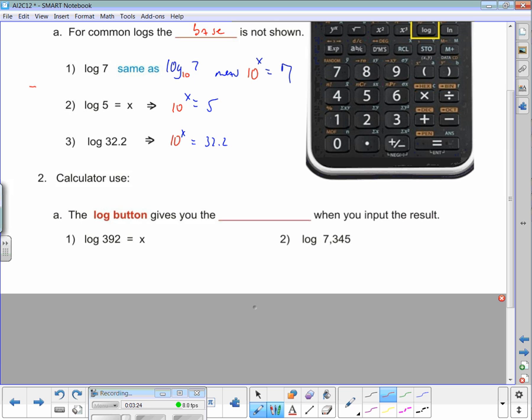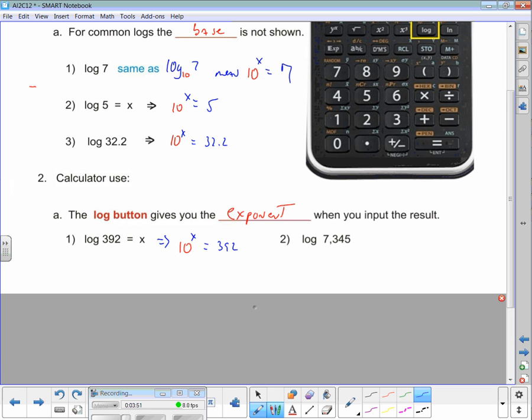So the log button gives you the exponent when you input the result, because logarithms are exponents. So again, for clarity's sake, because we think better in exponent form, number 1 is 10 to the x power equals 392.